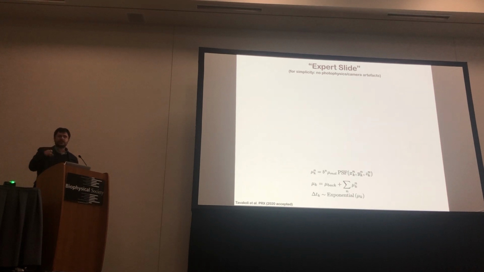The emission rate of each molecule is dictated by where it is located in the PSF, and a very important variable, B. That is, it's a Bernoulli random variable, it's either 1 or 0, and it dictates whether that molecule is contributing or not to the signal.